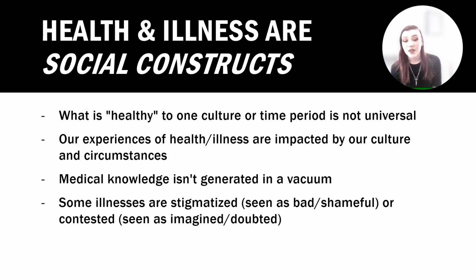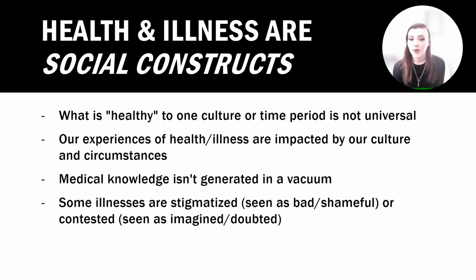It's also important to look at how some illnesses are stigmatized, which means they're seen as bad or shameful, or something that, if you have this illness, you should be ashamed. HIV or herpes would be examples of this. A lot of the time, STIs or sexually transmitted infections are illnesses that we see getting stigmatized.